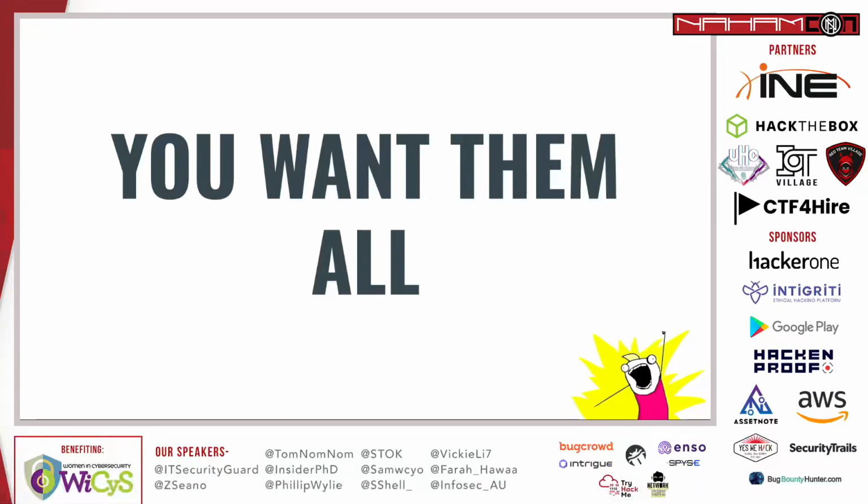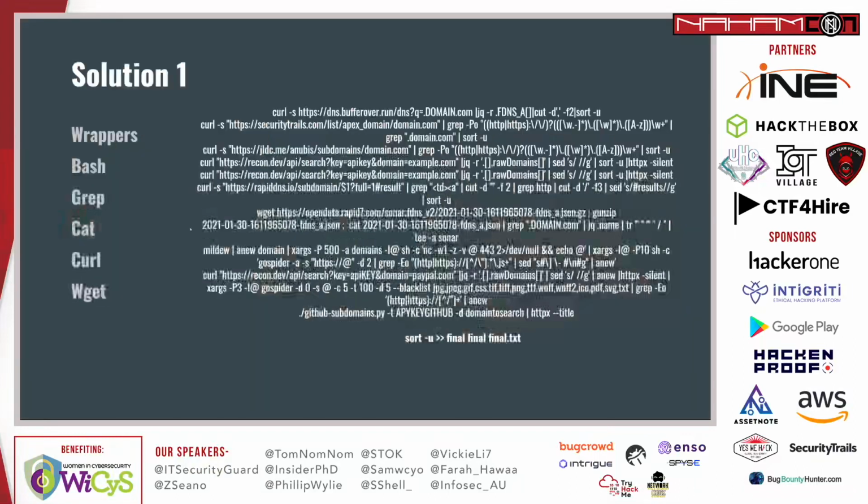So if you ask me, there are two solutions here, and I'm about to present to you both. The first solution that comes to mind when you think about how you can use those tools all together is obviously a solution that is involving Bash.